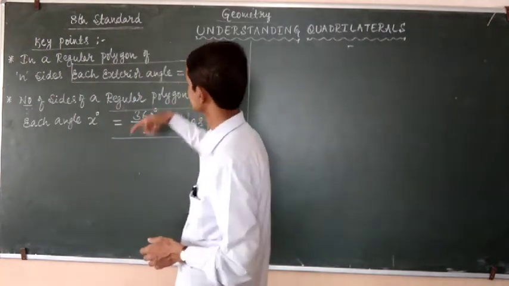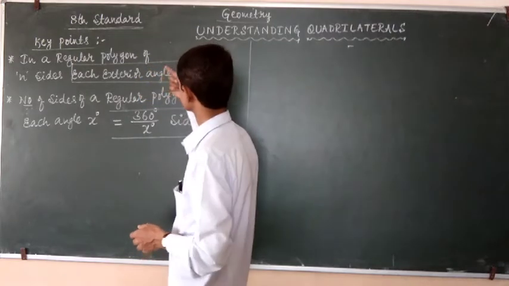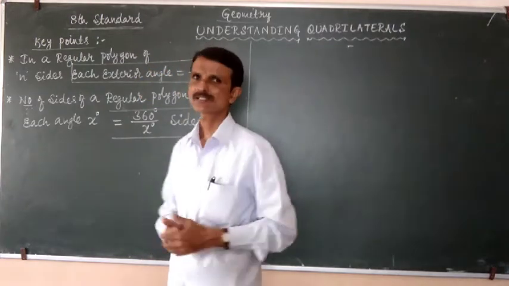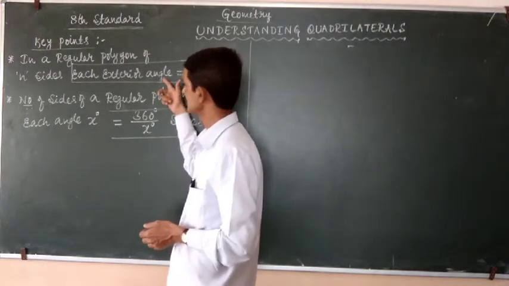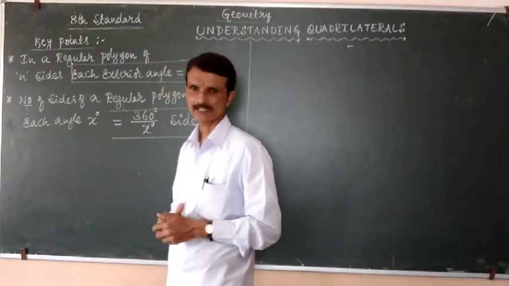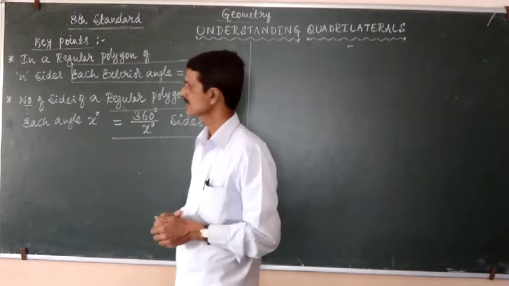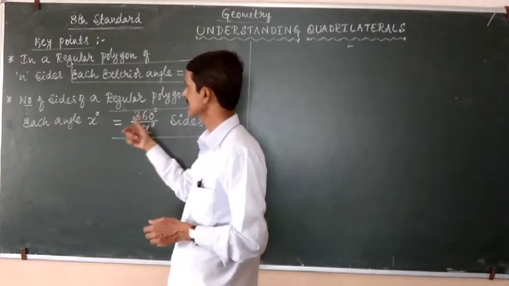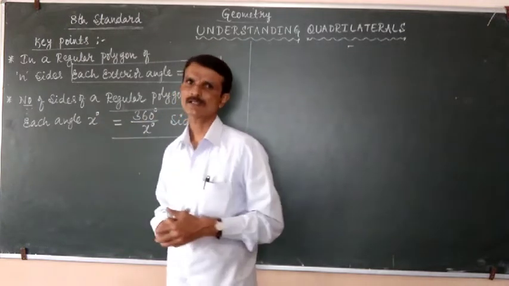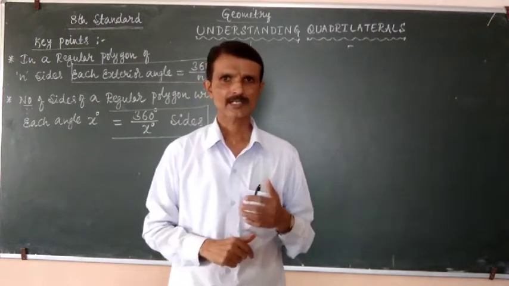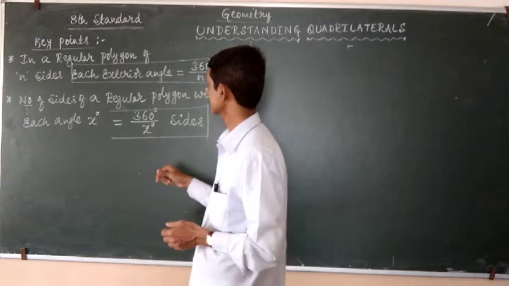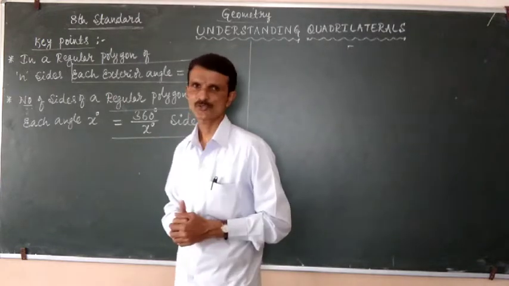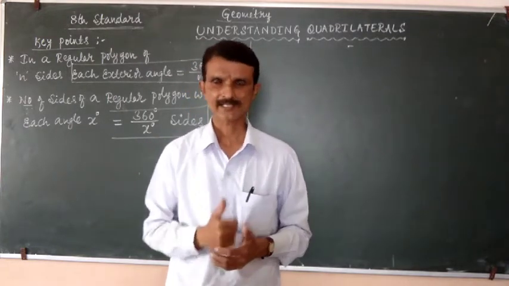So if they have given the number of sides, we are going to find the exterior angle. If they have given each exterior angle, then we are going to calculate the number of sides that the polygon has.